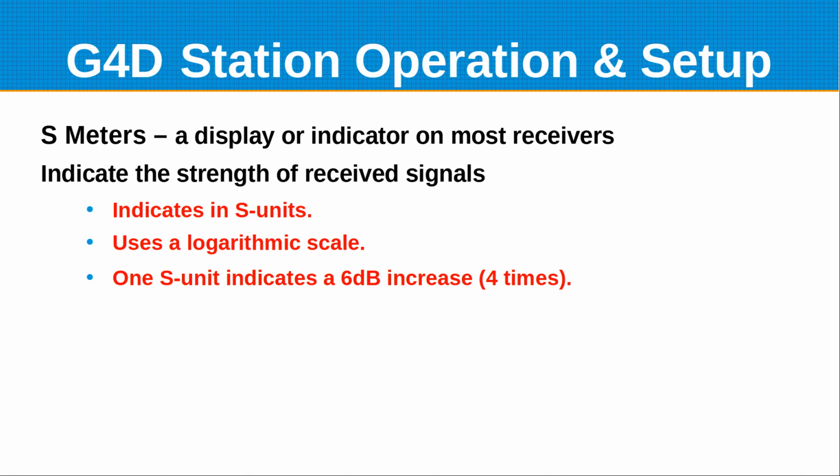We do it in what we call S units up through S9. They're logarithmic. Each S unit is approximately a 6 dB increase, or 4 times. I don't like that 4 times without putting 4 times what? 4 times power. 4 times the previous S unit.